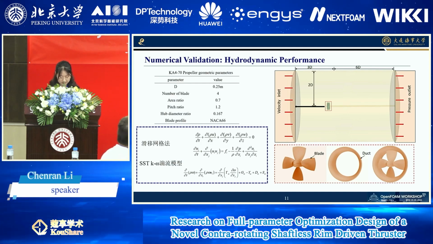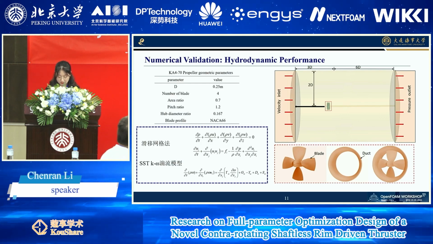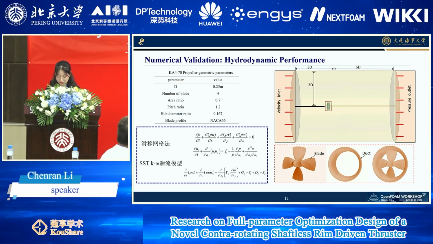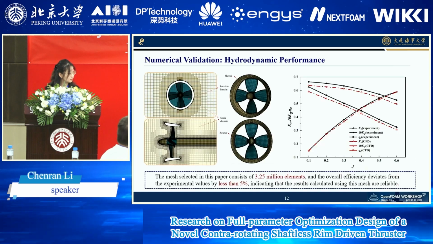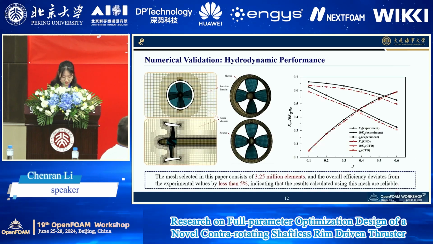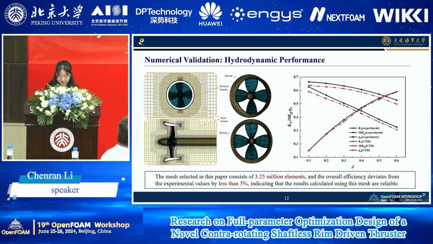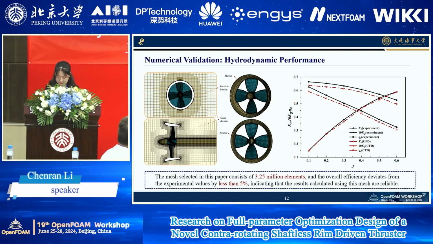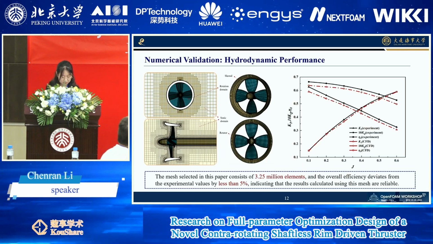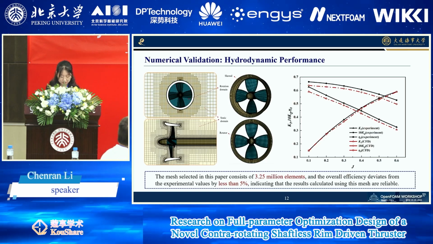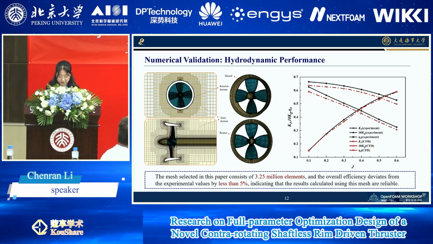Therefore, this paper used the KA470 series propeller from the Netherlands Ship Model Basin for hydrodynamic validation. The mesh selected in this paper consists of 3.2 million elements, and the overall efficiency deviates from the experimental values by less than 5%, indicating that the results calculated using the mesh are reliable.